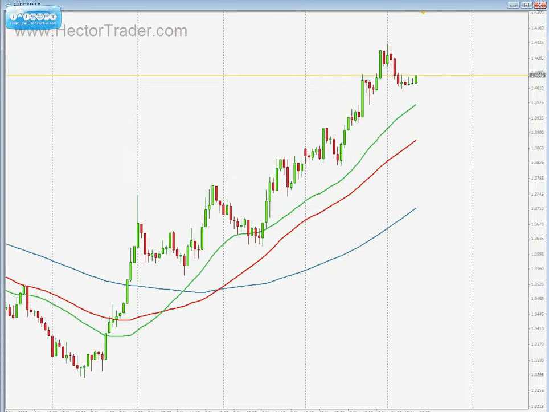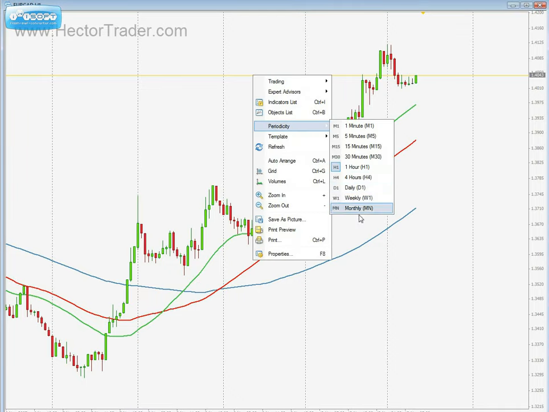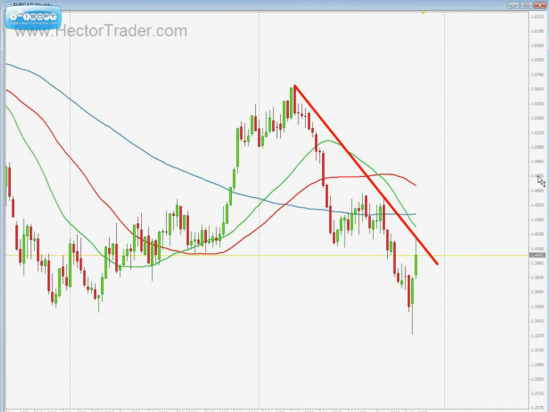Imagine if you had entered long right now, around this area, and you didn't look at what was going on in the weekly. The weekly was clearly telling us that we are banging onto long-term resistance, and as you can see, price has already retraced back down quite a little bit.